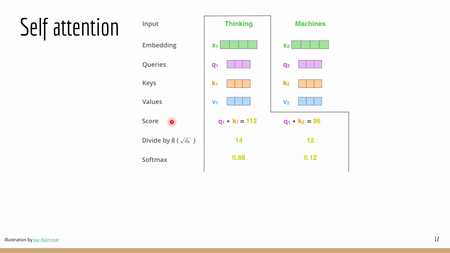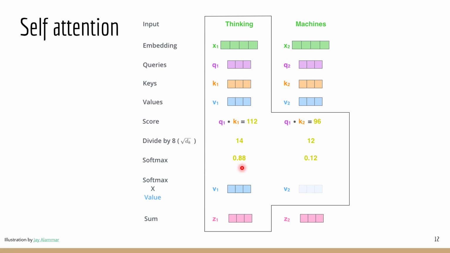We first compute a score for the target word, the word X1, thinking here, by multiplying the corresponding query into each of the words in our context. So into K1, the key for the first word, and into the key for the second word. Then we do some normalization and pass it through softmax, and the softmax value is multiplied by the values, by V1 and V2, resulting in these two vectors.